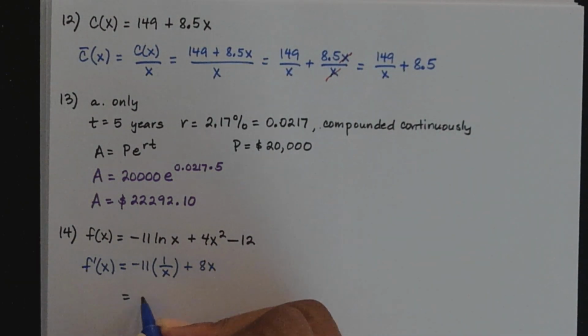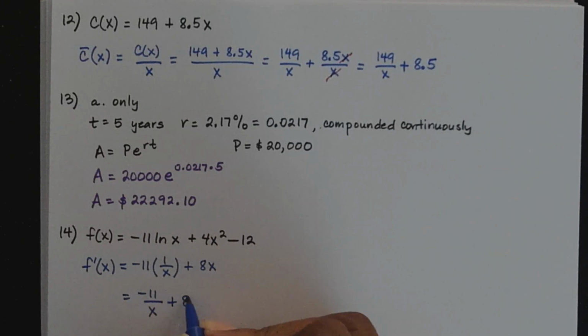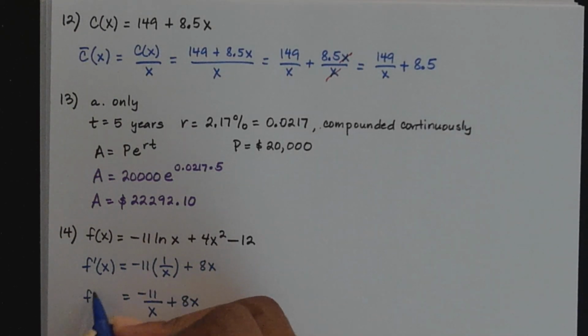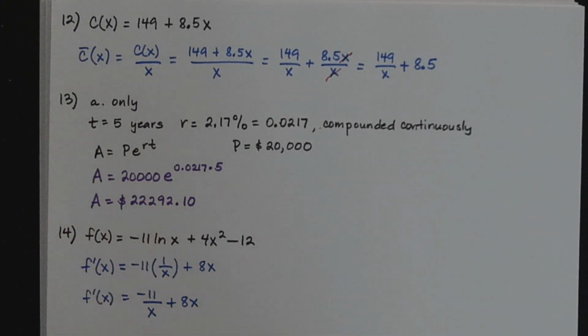So if I simplify this a bit, I'll put the negative 11 on top and the x will be in the denominator, plus 8x. So f prime of x will be negative 11 over x plus 8x. All right. Any questions about problem 14?